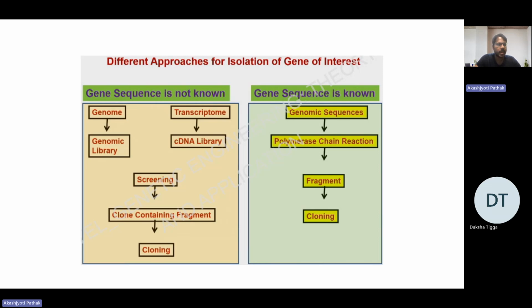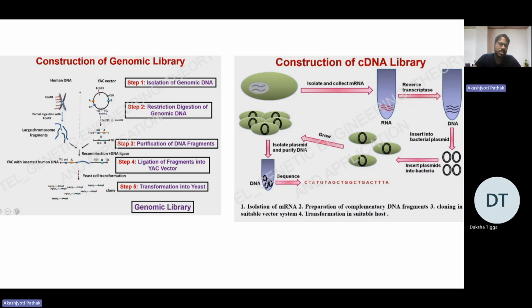There can be a bacterial genome library, which will have all the genes present in bacteria, or there can be a cDNA library where only those genetic sequences which code for a protein will be present. Then we can screen and clone that particular gene of interest inside the vector and express our protein.